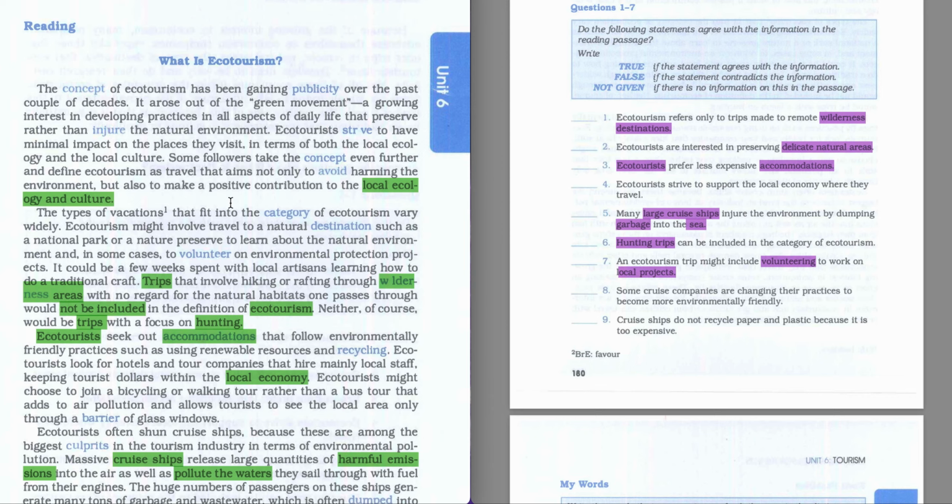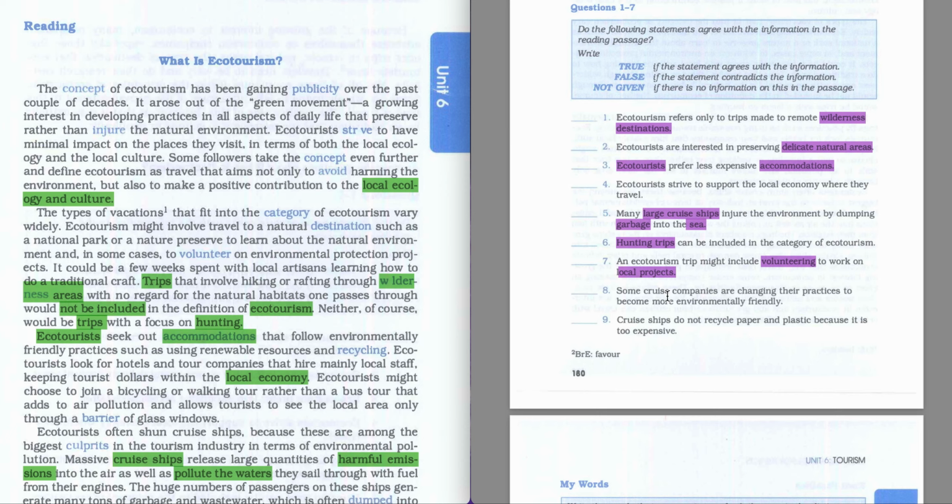So they care about local projects, local ecology and the culture. Some followers, and it means that some ecotourists do this. So the answer to the seventh question is going to be true. We go further. Eighth question.